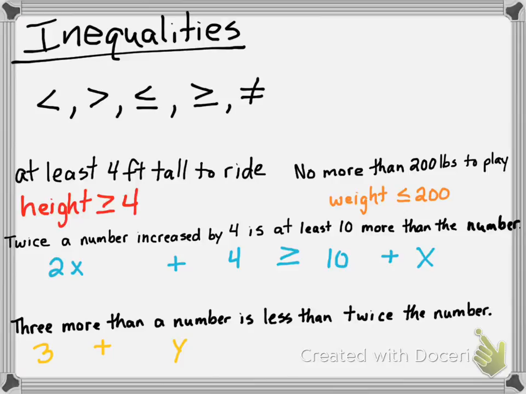So 3 plus y is less than, so I'll use the less than symbol, twice the number. It's that same number, I still don't know it, so it's my variable, so 2y. So I have 3 plus y is less than 2y. So here all I've done is translated these sentences into inequalities.